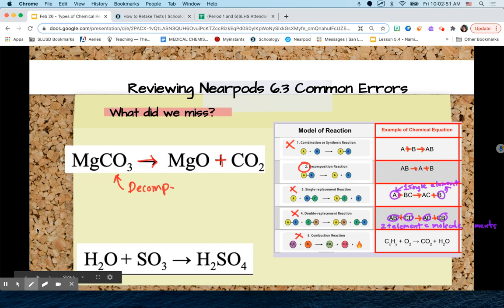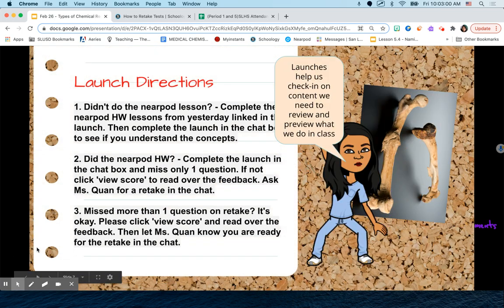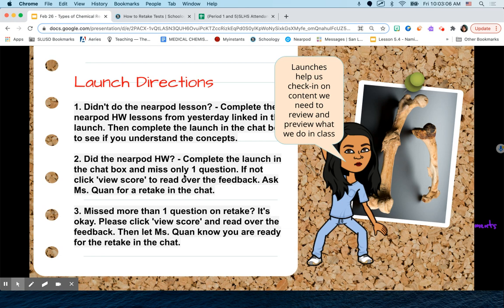Right. So those were the main common errors that I noticed for Nearpod 6.3. At this point, you should be able to complete the launch. Recall that your launch goal is to only miss one question. If you get certain questions wrong, you'll get feedback by clicking on View Score.